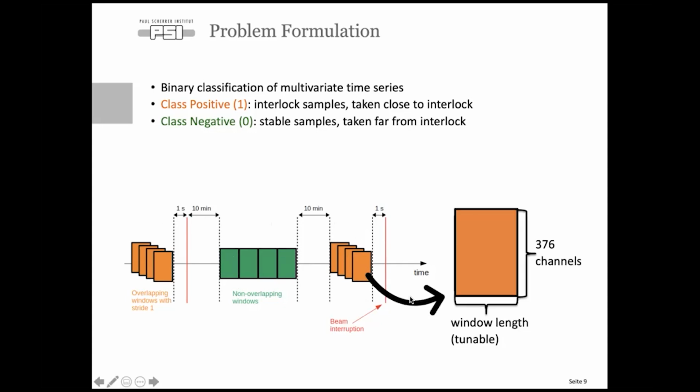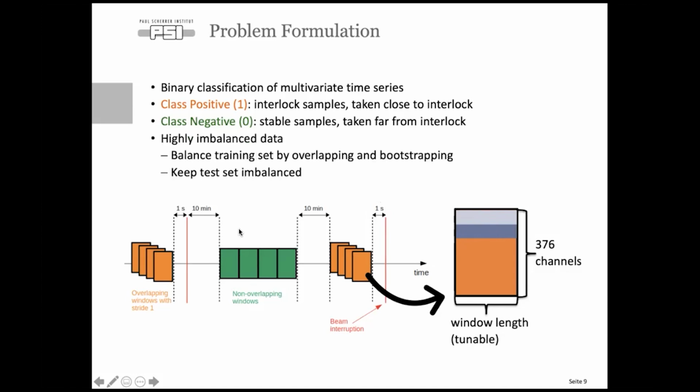If we look closer at one sample, we can see that this is a two-dimensional window with this dimension as our 376 channels. And this dimension is a time dimension of window length. And this window length is actually a tunable parameter inside our model training. So each row of this sample is a one-dimensional time series.